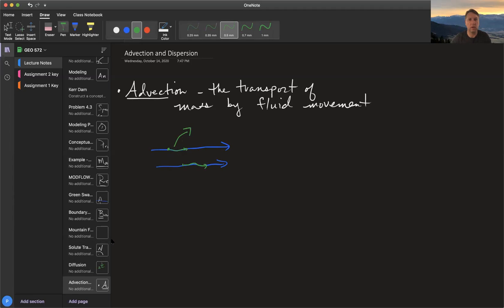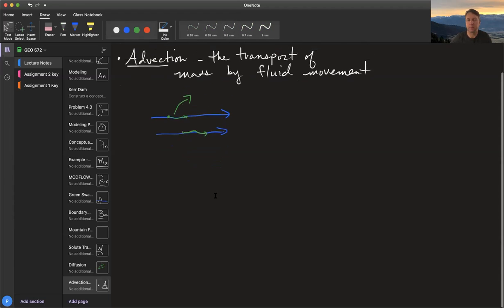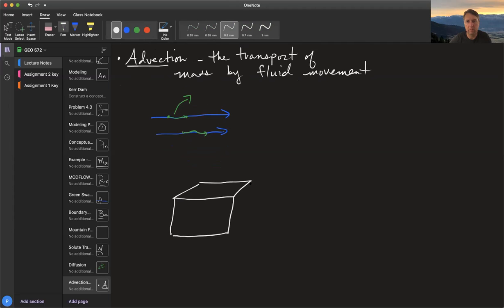All right, so we can do a little bit of mass balance in our special representative elementary volume for advection.